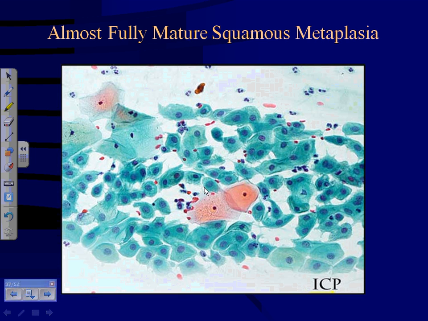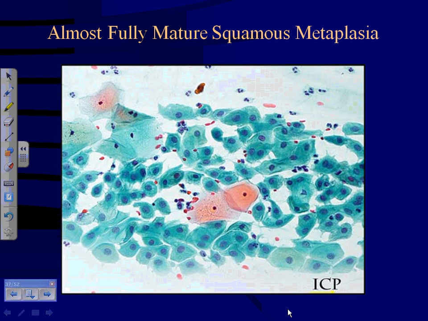Now, here is almost fully mature squamous metaplasia, because remember, some of them don't quite look like normal mature squamous cells, do they? Okay. But in contrast to immature squamous metaplasia, they do have more cytoplasm.